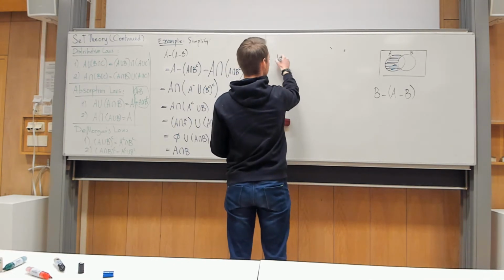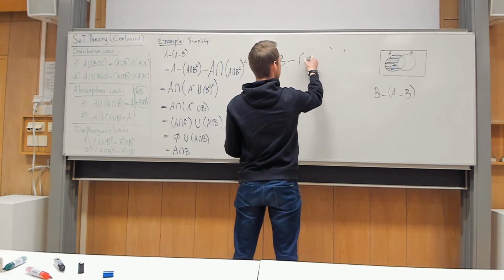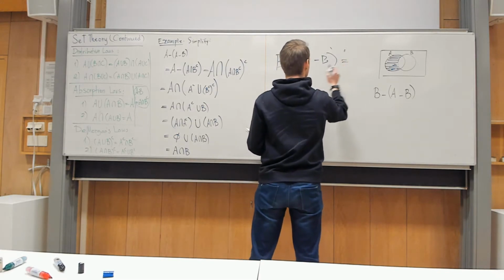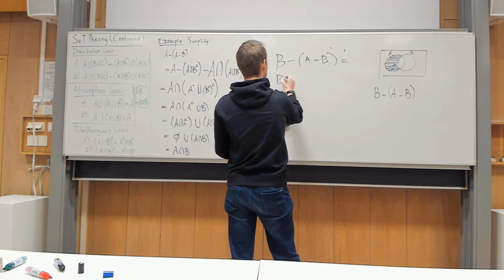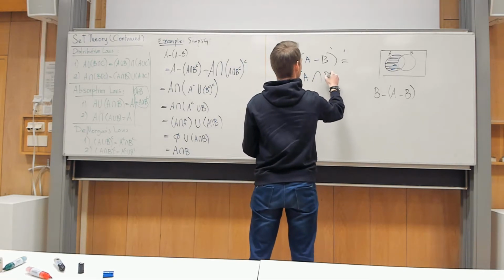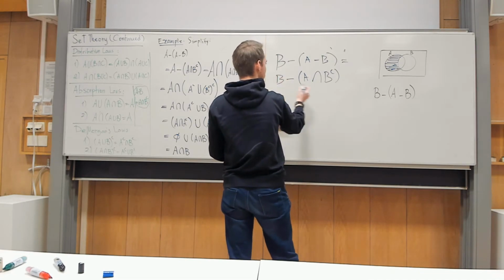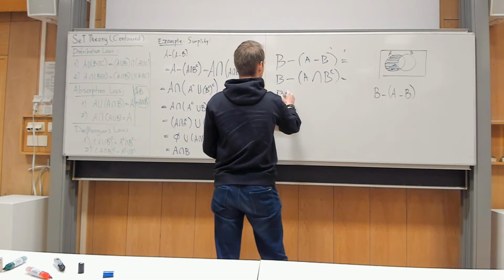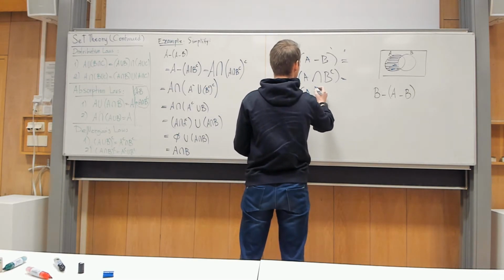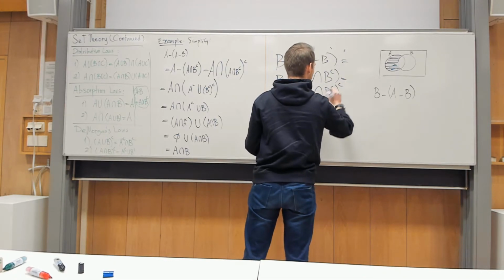So we have B minus (A minus B). Yes. We can express that as B intersection (A intersection B complement) complement.